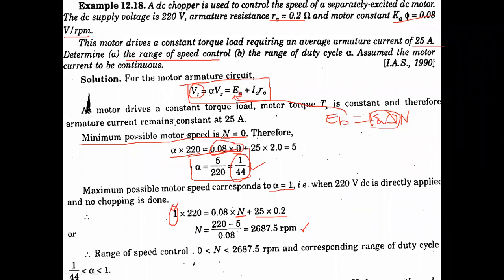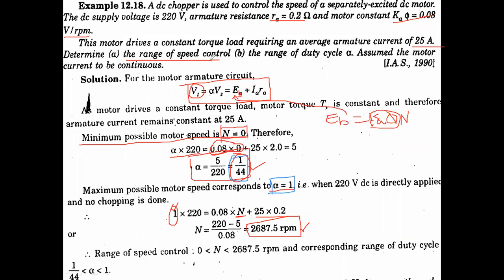We already know the minimum speed, and now we calculated the maximum speed. Similarly, we have already calculated the minimum duty ratio required, and we know that the maximum value of the duty ratio is 1. It cannot cross 1.